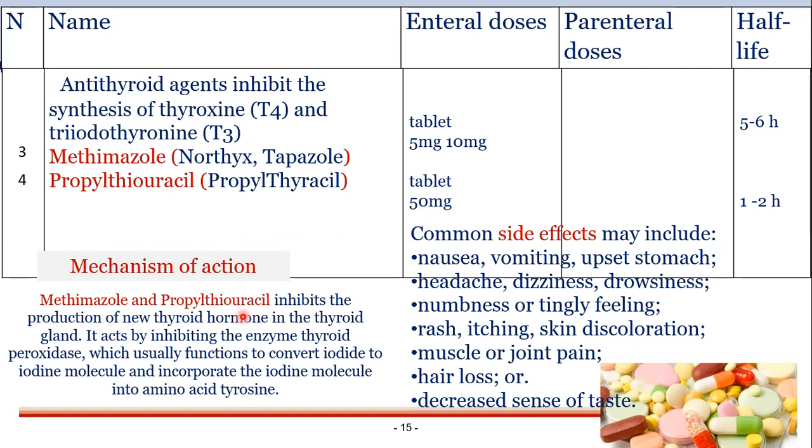We have two medications today: methimazole, trade name Northyx, Tapazole, and propylthiouracil.